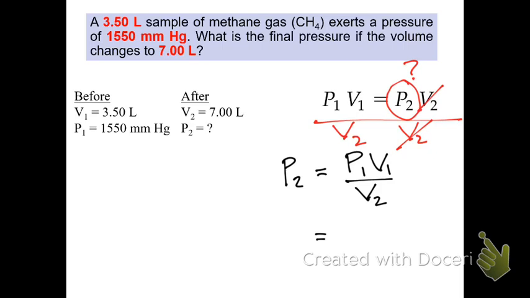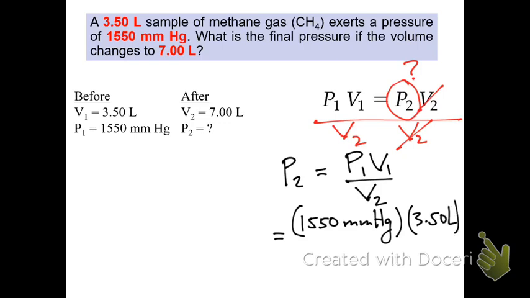So we have P1, which is 1,550 millimeter mercury. And you're going to multiply this by the volume, which is 3.5 liters, divided by the second volume, which is 7 liters.